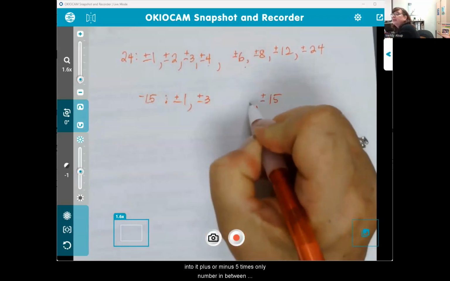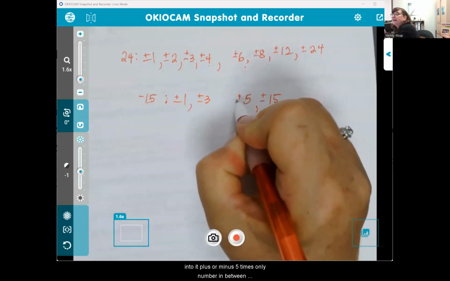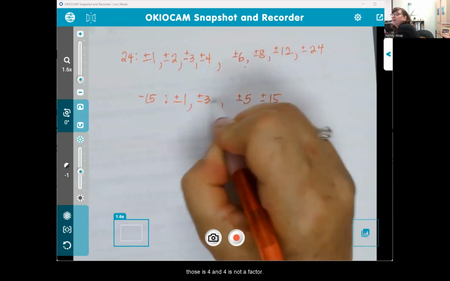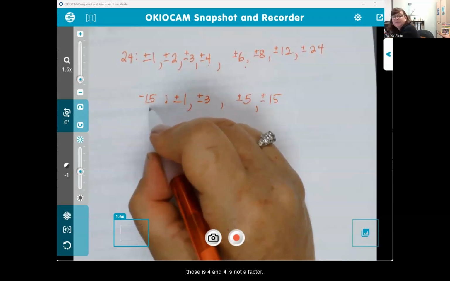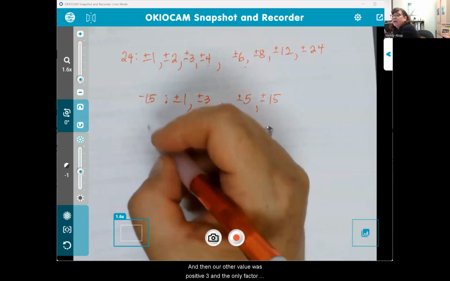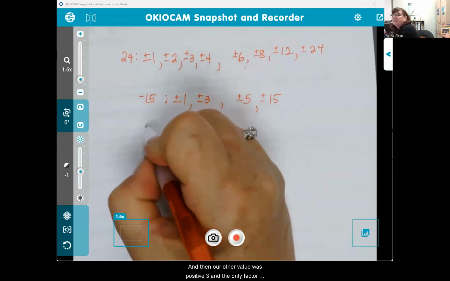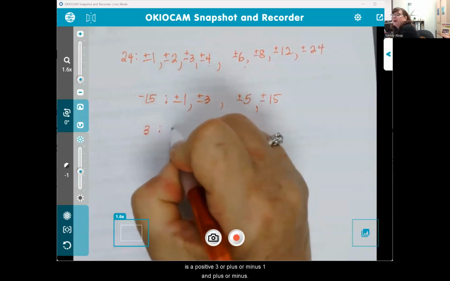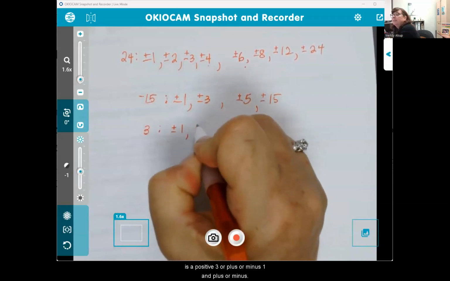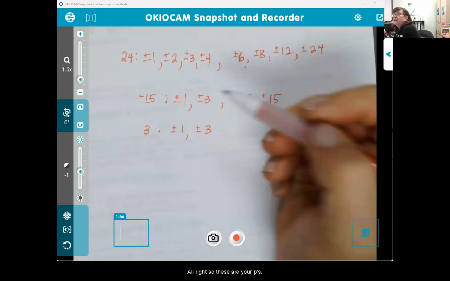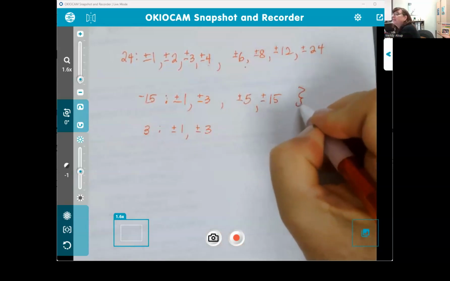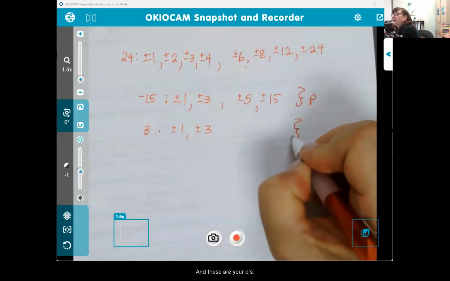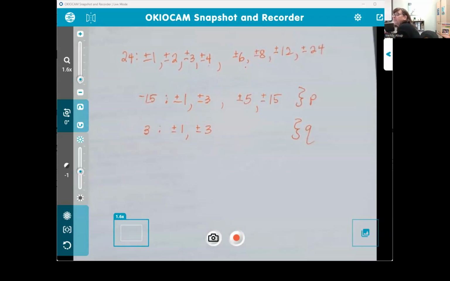Plus or minus 3 goes into it plus or minus 5 times. Only number in between those is 4, and 4 is not a factor of 15. And then our other value was positive 3, and the factors of positive 3 are plus or minus 1 and plus or minus 3. So these are your P's, and these are your Q's.